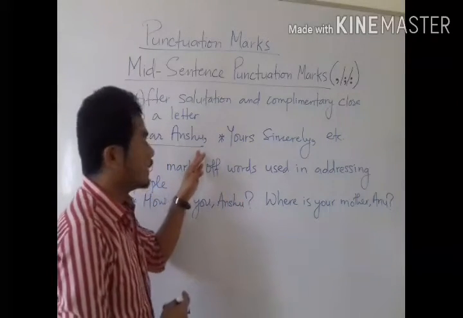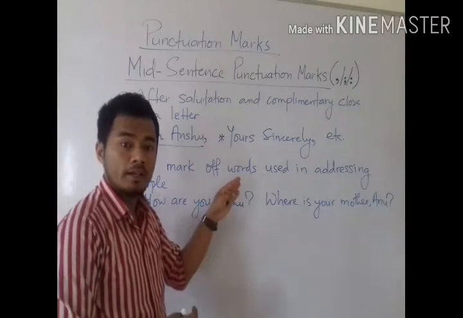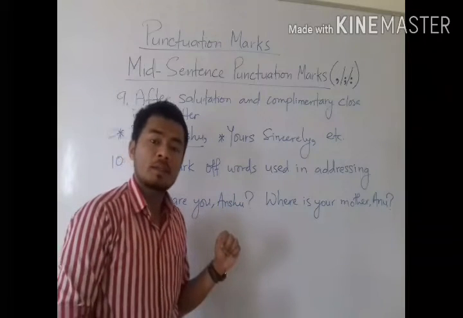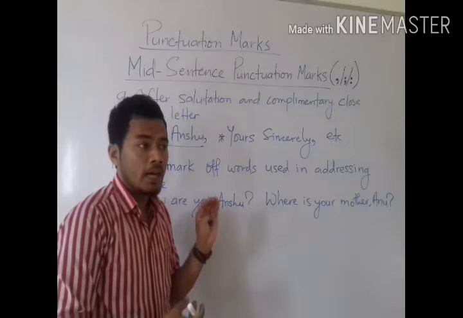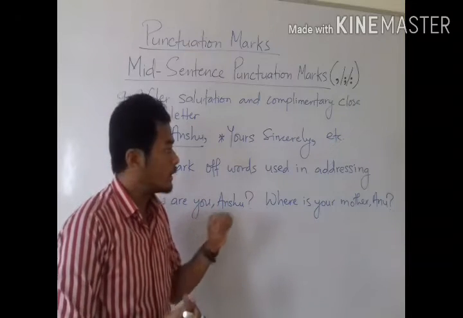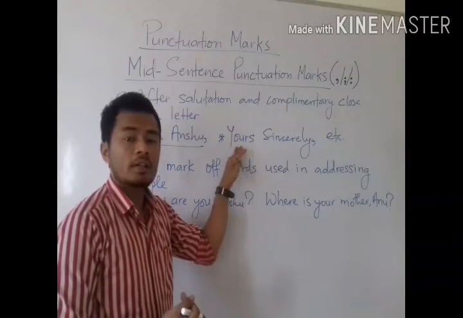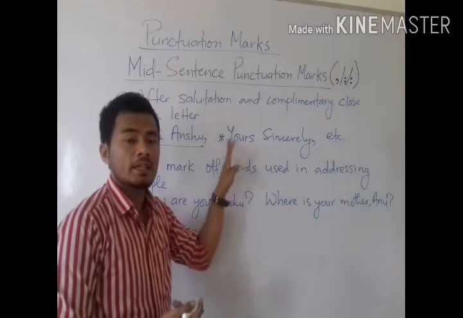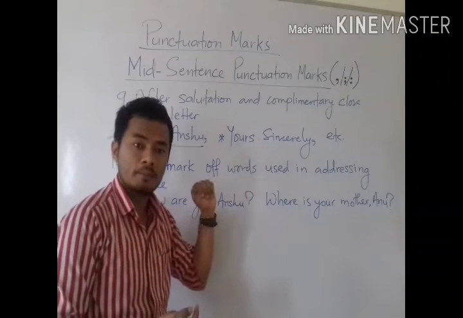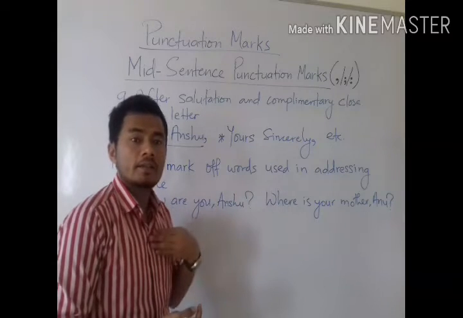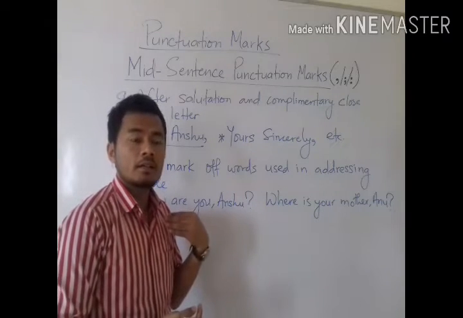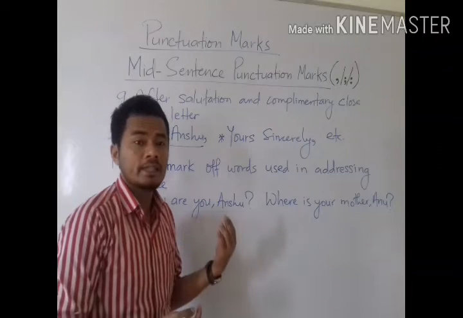Okay, like dear Anshu, comma, dear father, comma, like this. And after the complementary clause also, after finally we write the letter. Before closing the letter, we write a complementary clause like yours faithfully, comma. So complementary clause before writing the name of the writer, one who is writing the letter.